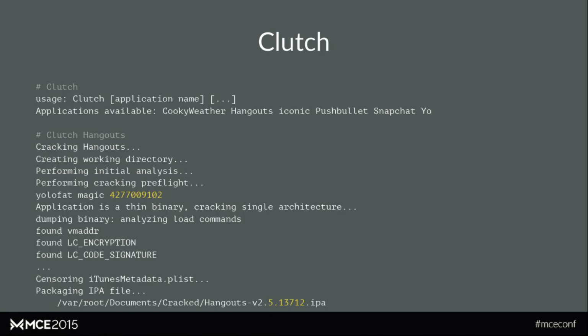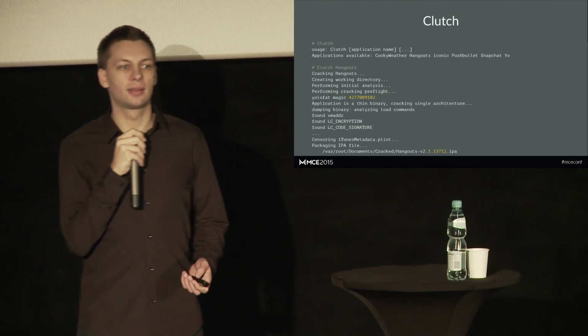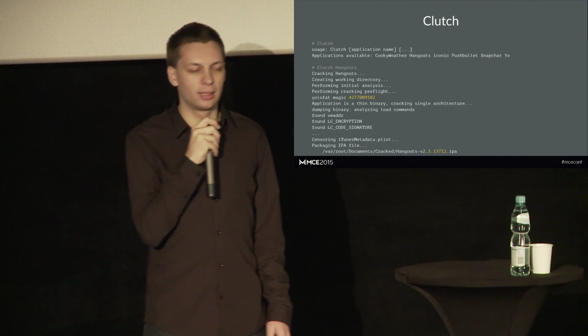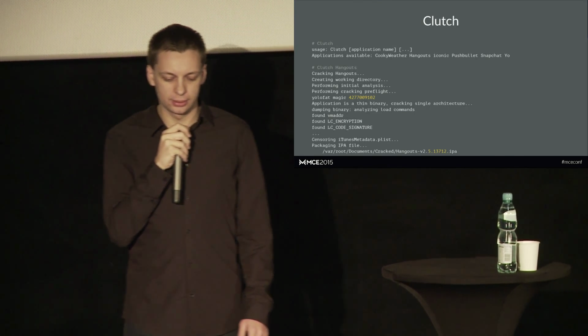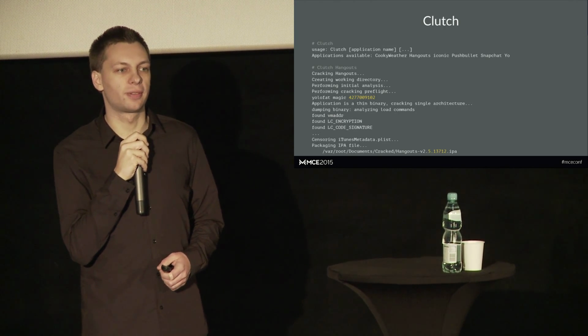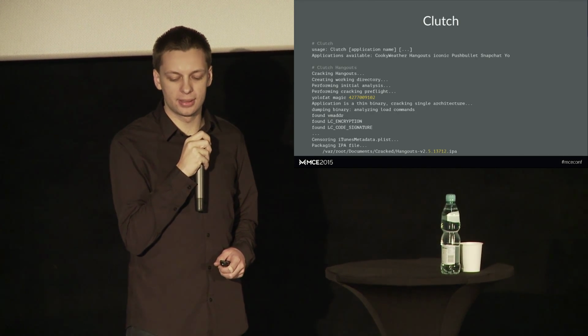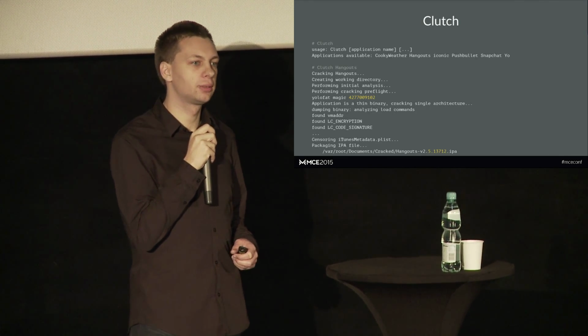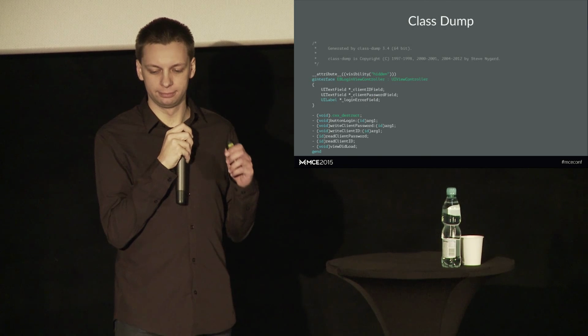There is even a tool for that. It's named Clutch. You simply enter Clutch. You see a list of encrypted applications. You then run Clutch and enter what application you want to dump, and it takes a couple of seconds, and your application downloaded from the App Store is stored in documents, decrypted, and is ready to be broken.